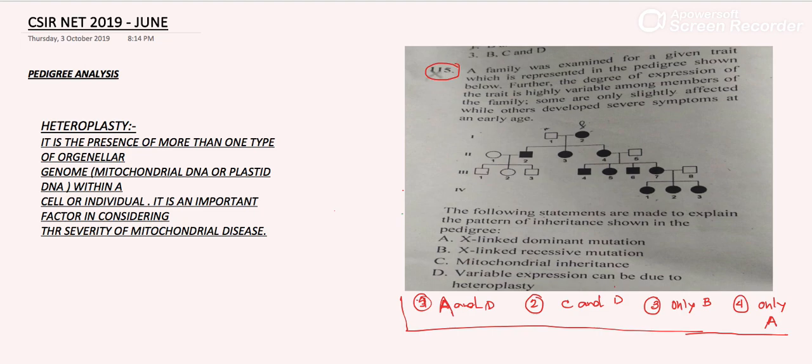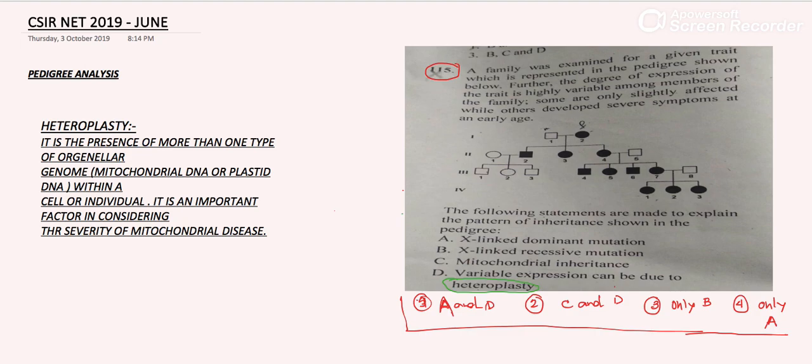But they have given us a term, heteroplasmy, which may be unknown to many of us. That's why I have discussed it on the left side. Heteroplasmy is nothing but the presence of more than one type of organelle genome, meaning genomes other than our nuclear DNA.